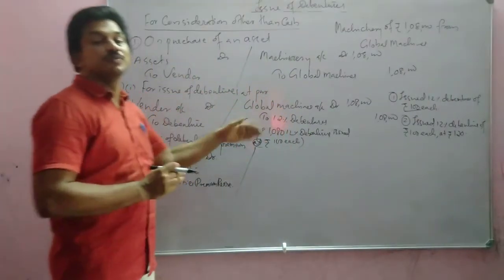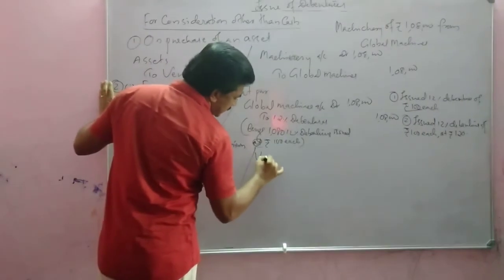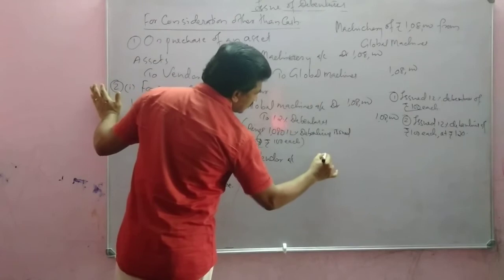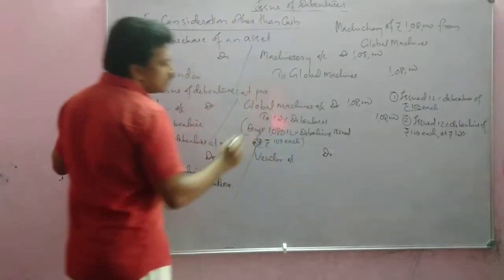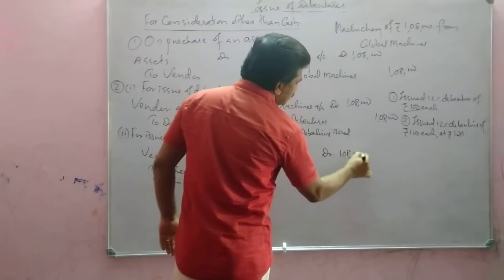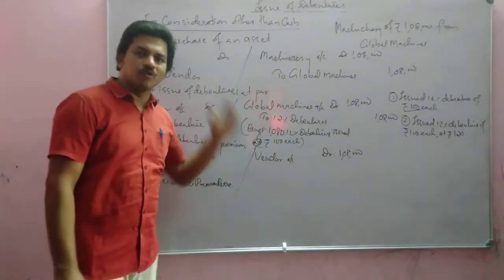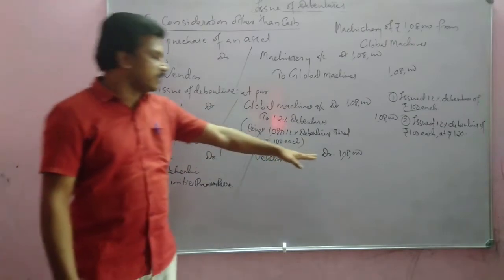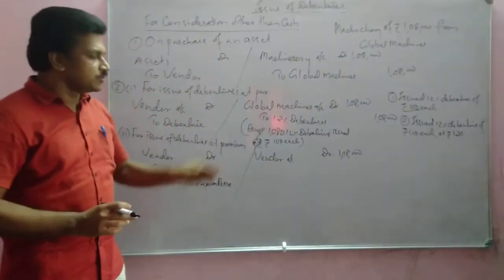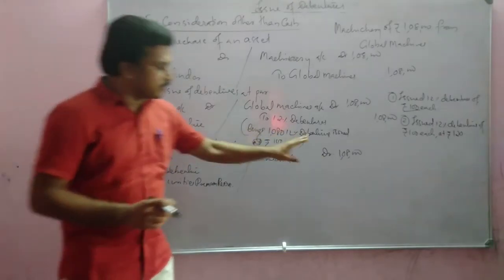That means issued at a premium. So what will be the journal entry here? Vendor account debtor. The money payable to him will not change in any case. Whether it is at premium or par or at a discount, the money payable to him will be same. That you should bear in mind always.